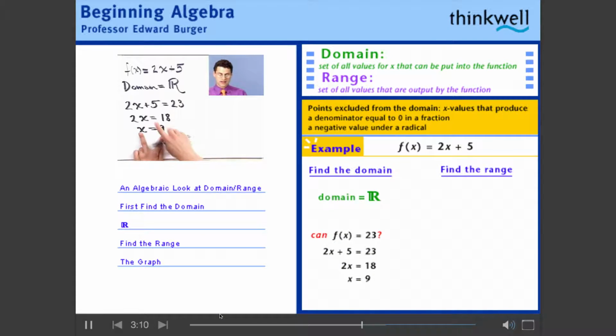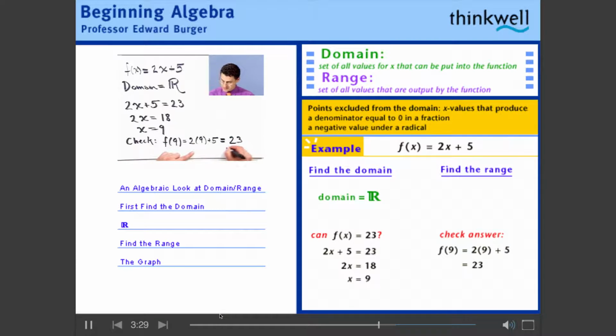And notice if I plug in 9, f of 9, so here's a little check. F of 9, I'm using this notation, that means wherever I see an x, I plug in 9. That's going to be 2 times 9 plus 5. And notice that's 18 plus 5, which is 23. So I hit the y value, 23. But in fact, you can see that I can hit any value I wanted to, because I would just take 2x plus 5 and set it equal to that value.